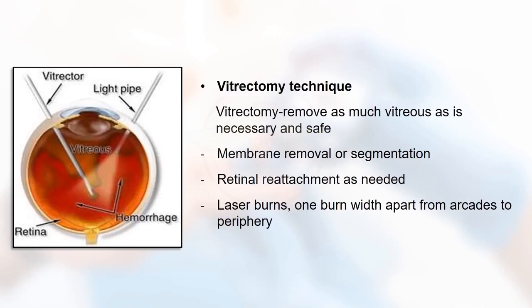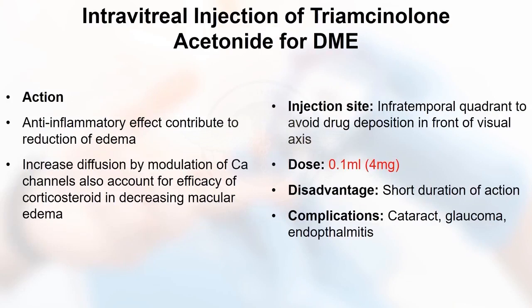Intravitreal injection of triamcinolone acetonide for diabetic macular edema. The steroid has an anti-inflammatory effect, which contributes to reduction of edema. Increased diffusion by modulation of calcium channels also accounts for the efficacy of corticosteroid in decreasing macular edema.